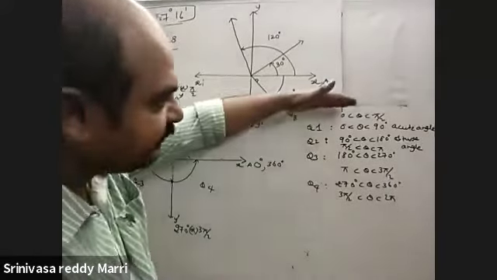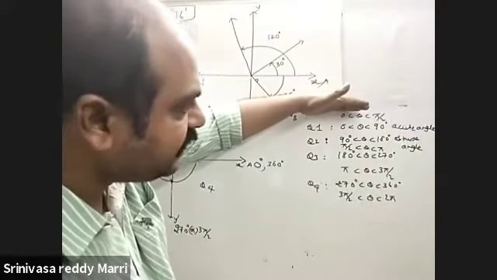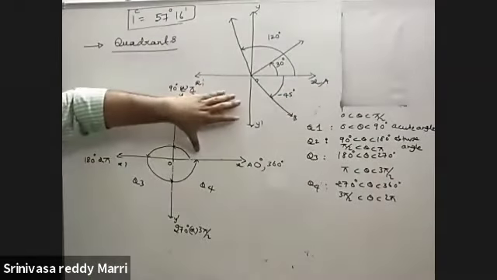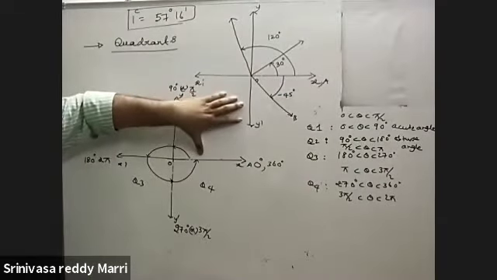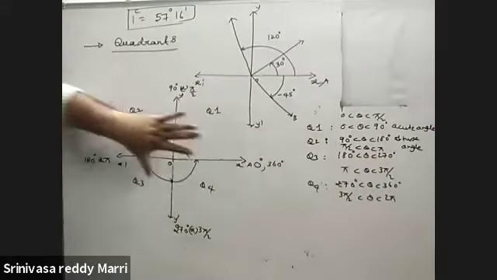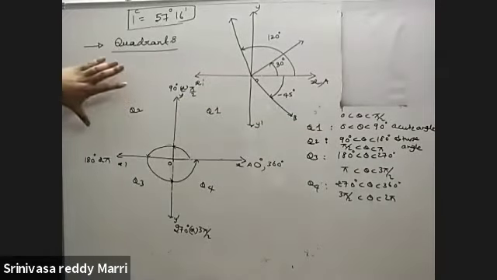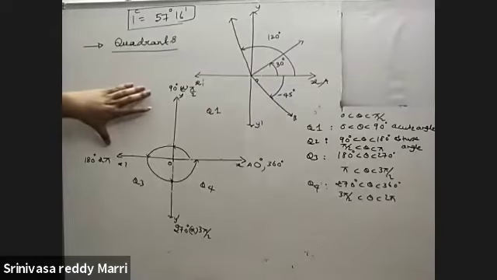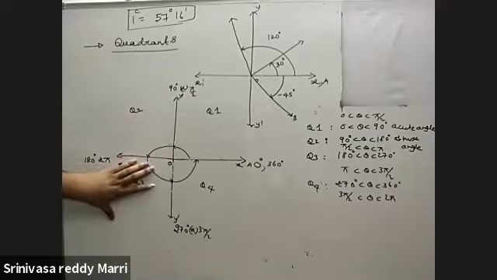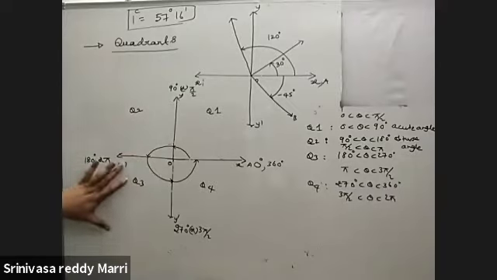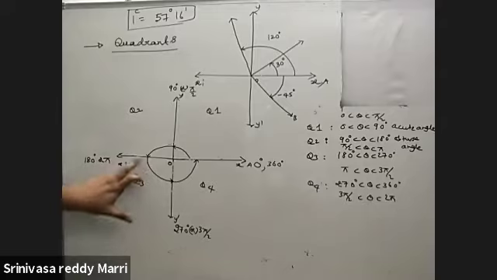Like that, if the angle lies between 0 and 90, the terminal ray will be in quadrant 1. If the angle lies between 90 and 180, the angle is obtuse and the terminal ray lies in quadrant 2, this part. If the angle lies between 180 and 270, the terminal ray will lie in this part.